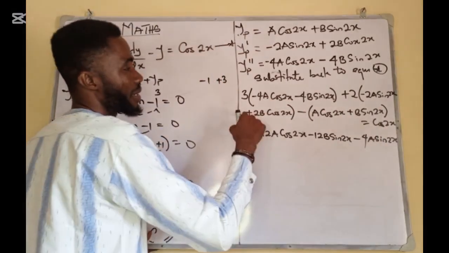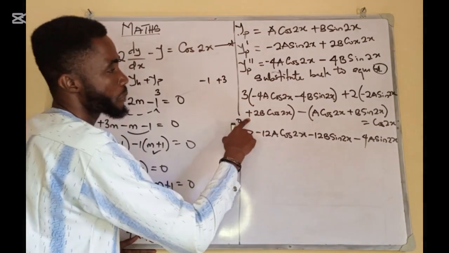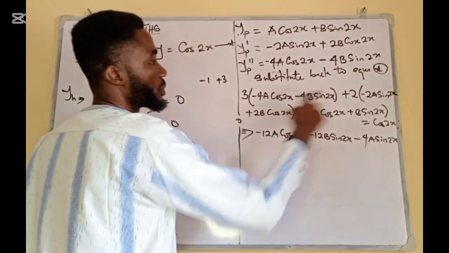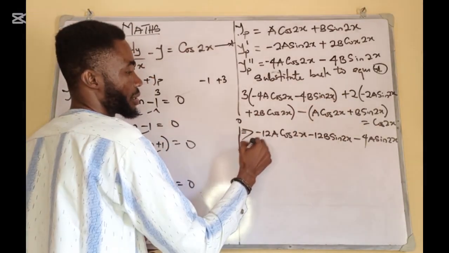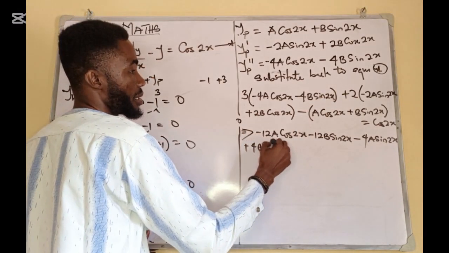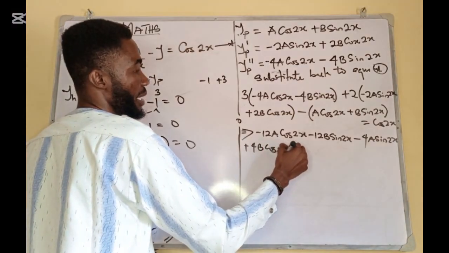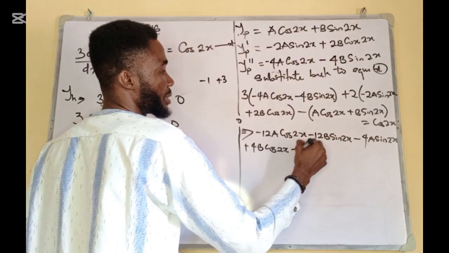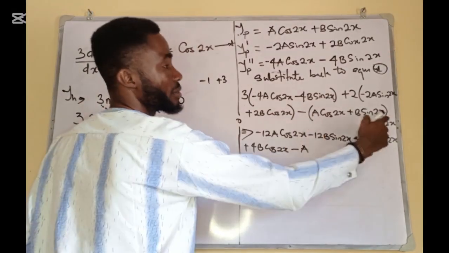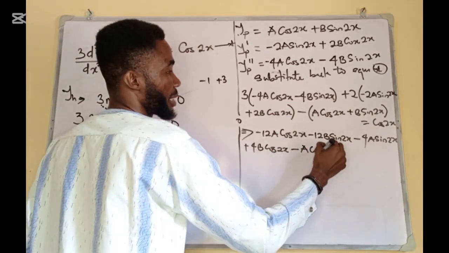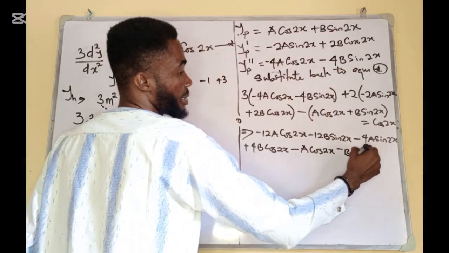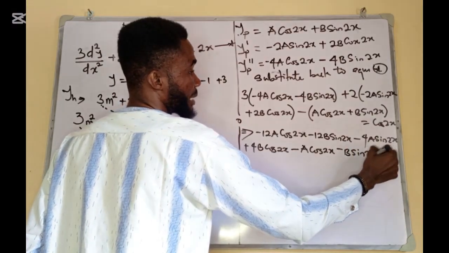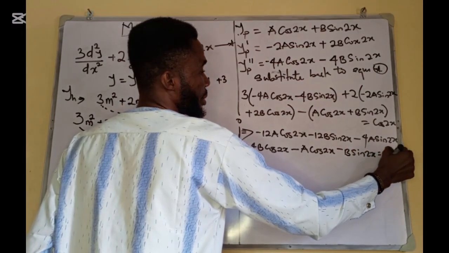Then here is positive, 2 times 2 is 4, so plus 4b cos 2x. Then minus a negative, multiplying through the bracket: minus a cos 2x minus b sine 2x, equals cos 2x.